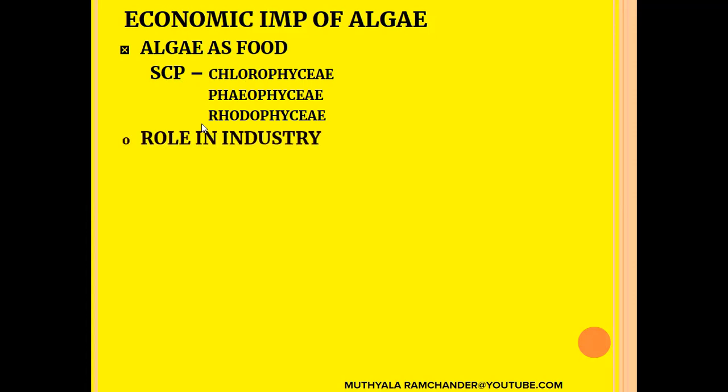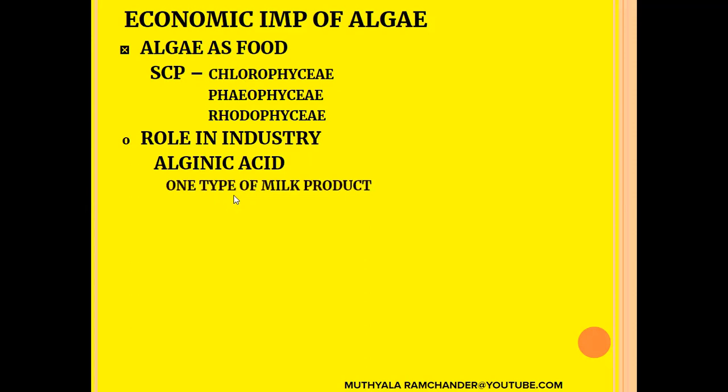And next, the role in industry. Algae are mainly used at industrial levels for different products. First one is alginic acid. In industry, the first product is alginic acid. It is prepared from some algae.